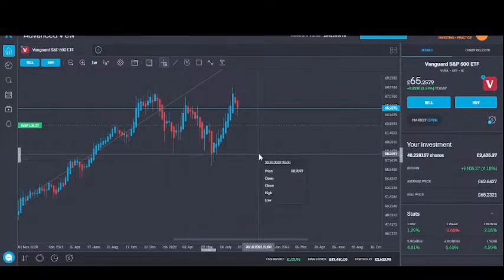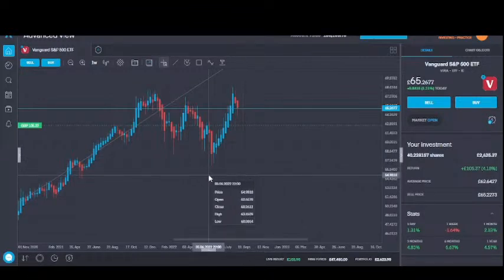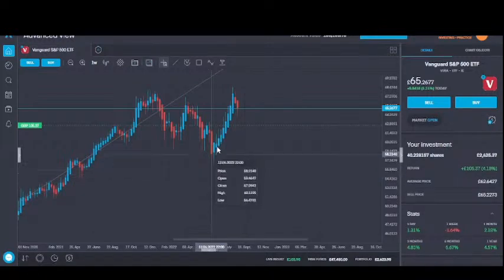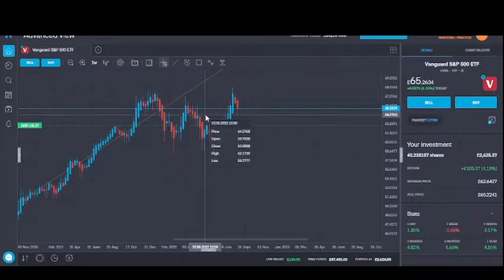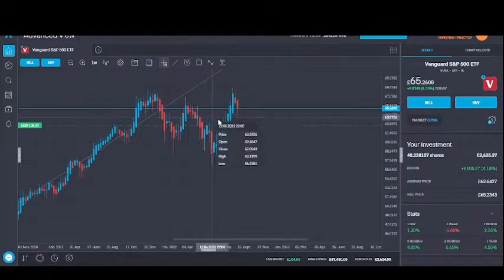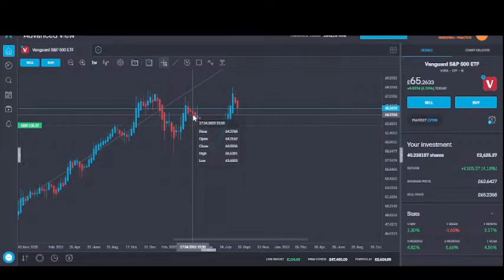Now, let me just double check, but as far as I can tell, there hasn't been a time where the trend line has actually crossed the graph since I had started investing in April. I think the first investment was the 8th of April, which is somewhere here.